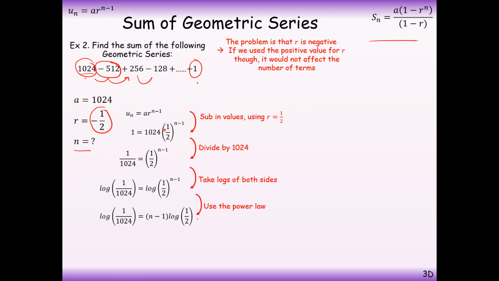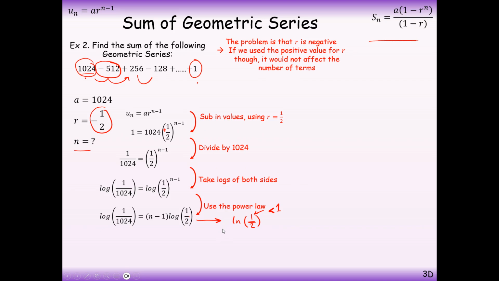If you remember from my previous rant in a different video, I said if you have log of a number and that number is less than 1, this log will be a negative value. So half is less than 1. Yes, it's bigger than 0, that's great, but if this value is less than 1, you can check it on your calculator, it's negative.